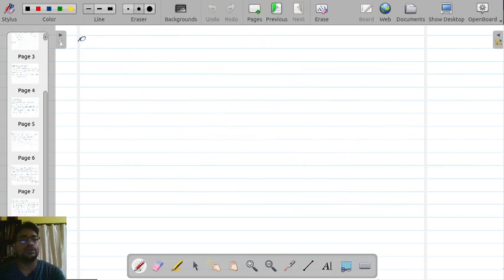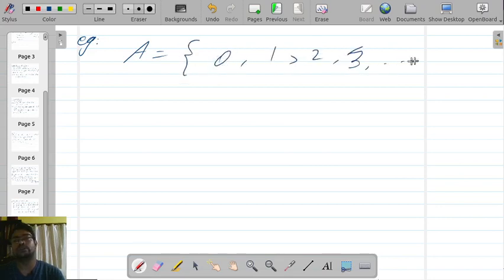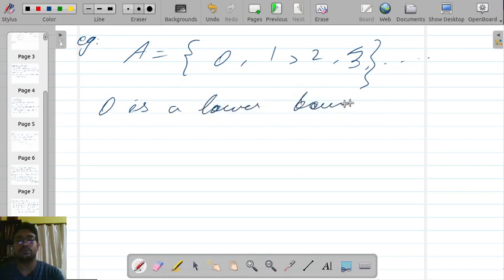For example, say you take A as 0, 1, 2, 3, a finite set. Then 0 is a lower bound of this set, because x is greater than or equal to 0 for all x inside A. Any other lower bound?